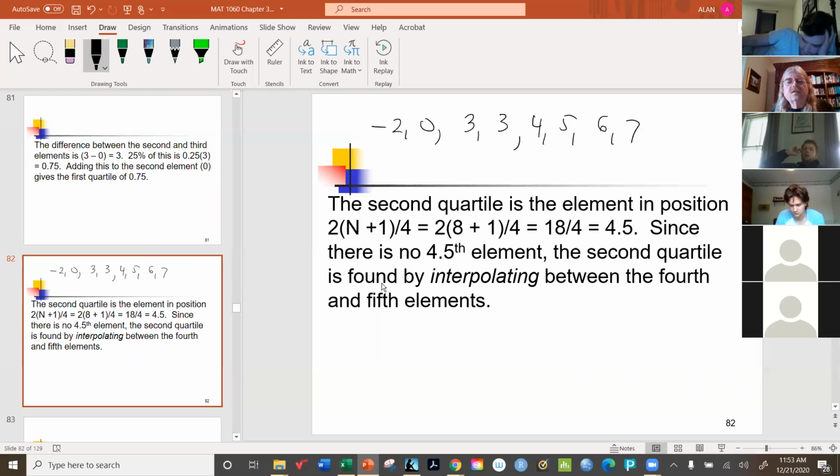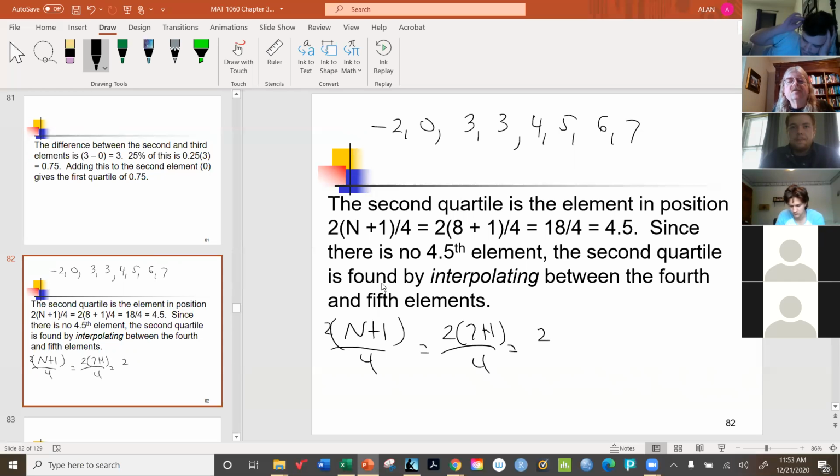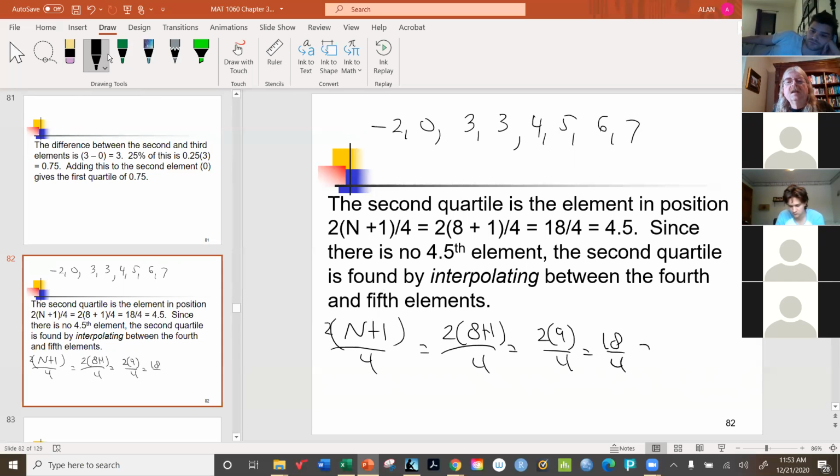So the index that you're looking for here is 2 times (n+1)/4. Oh, sorry, that's 8. What am I doing? This time n is 8. That gives 4.5. Now again, there is no 4.5th element. Element number 4 is here. Element number 5 is here.